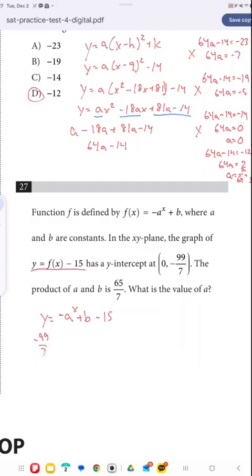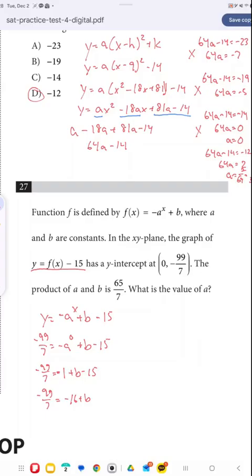This means negative 99 over 7 is equal to negative a to the 0 power plus b minus 15. This is negative 99 over 7 equals negative 1, plus b minus 15, or negative 99 over 7 equals negative 16 plus b.